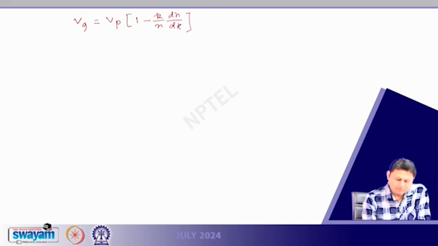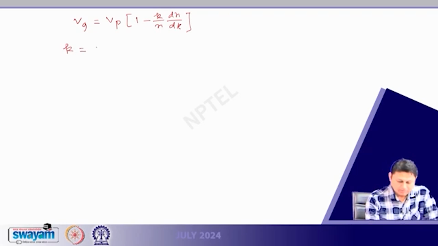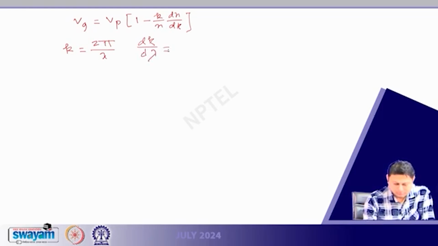Instead of writing this, what we do in this way. So, k I write as 2 pi by lambda. So, dk d lambda will be minus of 2 pi by lambda.